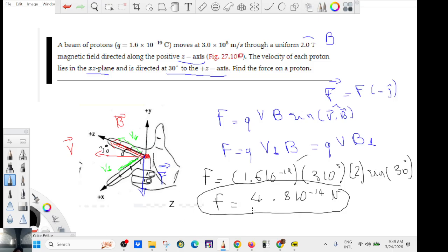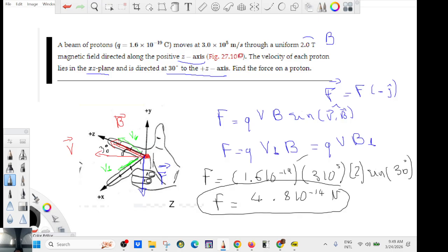Any question? Yes. But you see here, you have the velocity here, right? So it has two components relative to B, because you are doing two vectors, right? So relative to B, one component is along B, so it's not going to do anything. One component is perpendicular.